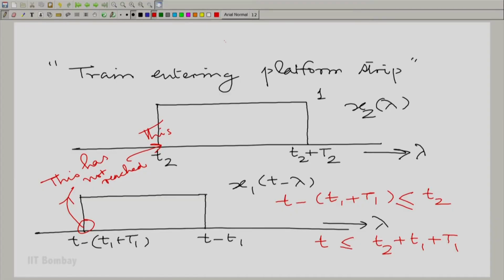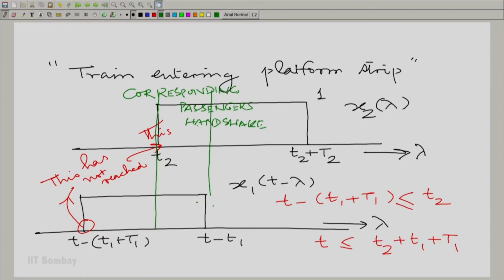We need to do the handshakes of corresponding passengers. Where are the corresponding passengers? Let us mark. So, this is the region of corresponding passengers, only the green belt. And when you multiply the functions only in the green belt and integrate over that green belt, how much do you get? When you multiply them, you get essentially 1 into 1, and you integrate them, you are integrating them essentially from t2 to t minus t1.